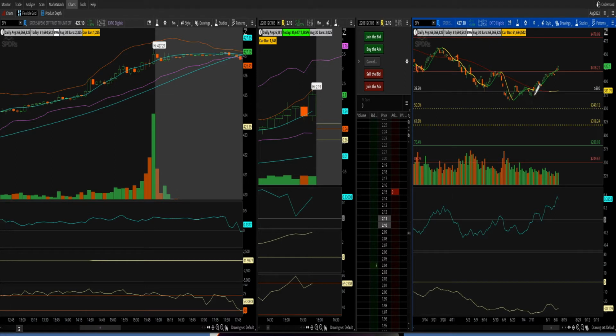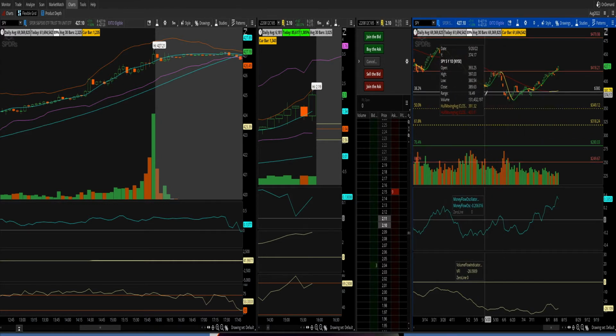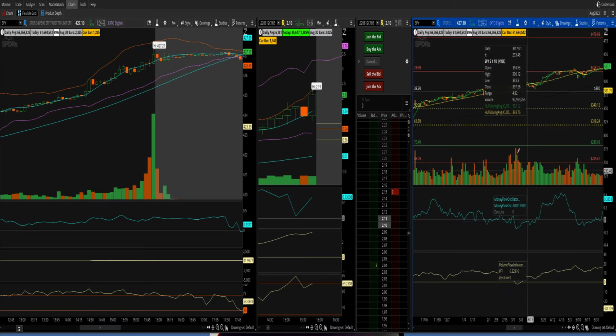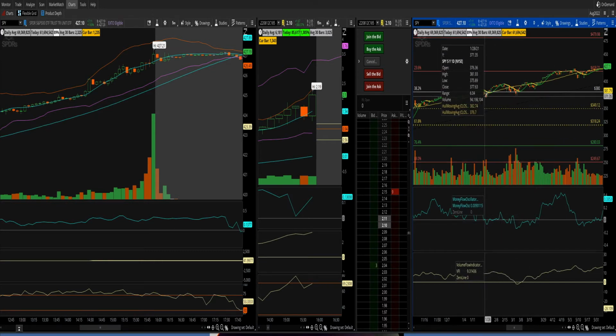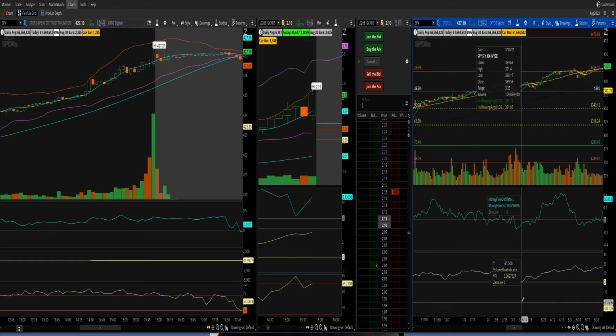So let's come over here so that I'm a little bit more accurate with this. How many times does this bounce off this level? Broke through, so this was last year, the 21st. Bunch of resistance zones.